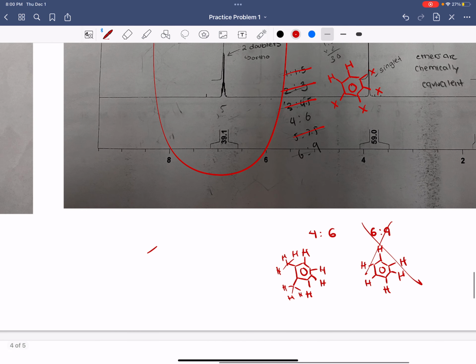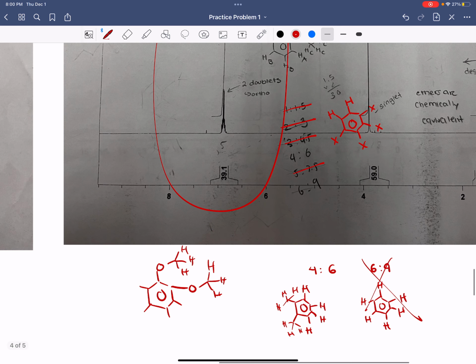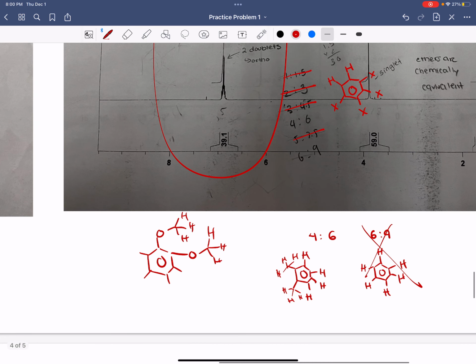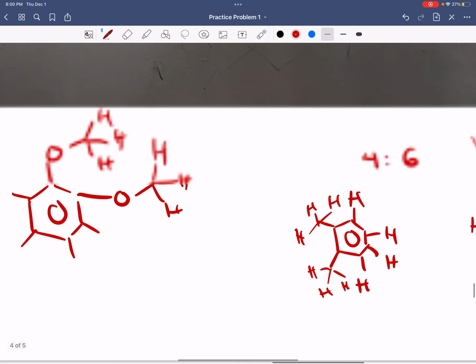So that's how I came to the conclusion that my structure is an ether with 4 hydrogens and an ether with 6 hydrogens. And how I came to the conclusion that it is an ortho position is because on the benzene ring there are 2 doublets, which indicate ortho, because I mentioned before that not all of the hydrogens are chemically equivalent to each other.